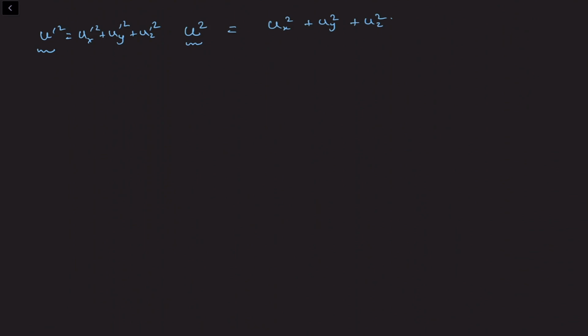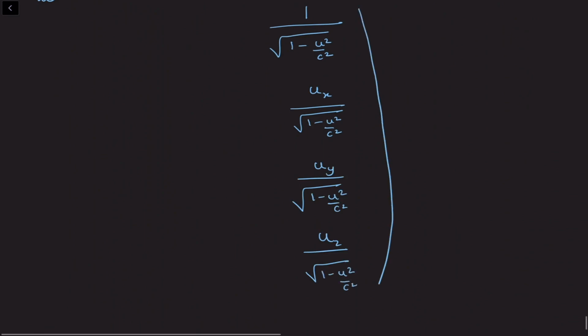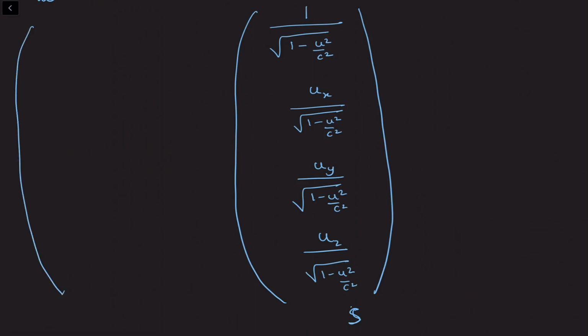And now, supposing we construct the following quantities. The first quantity is 1 over the square root of 1 minus u square by c square. The second quantity is ux over the square root of 1 minus u square by c square. Then uy over the square root of 1 minus u square by c square. And uz over the square root of 1 minus u square by c square. So you construct these 4 quantities, which are defined in frame S. And you construct the corresponding quantities in frame S prime.